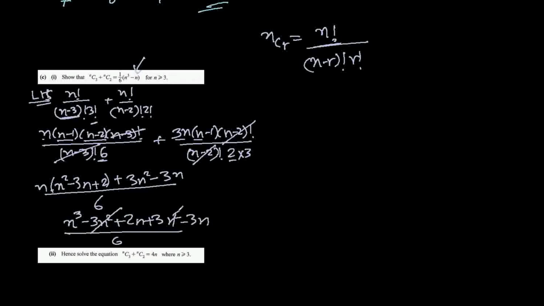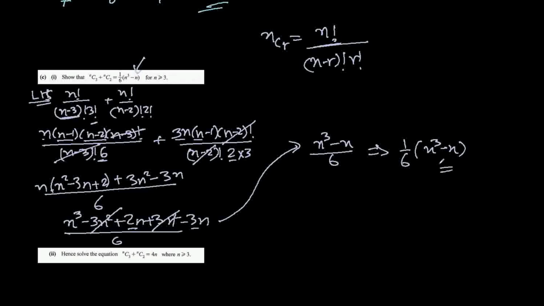The minus 3n squared and plus 3n squared cancel out, and we are left with n cubed minus n over 6, which can be written the way they want: 1 over 6 times n cubed minus n.